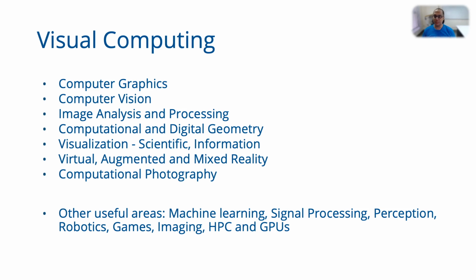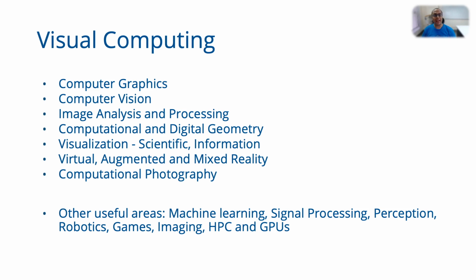We'll talk more about this in another lecture. You have computational photography. So all these areas together make up the broad domain of visual computing, and I think all of this is very interesting, and if you get a chance, you should sample all of this. They all borrow techniques from each other, so you will start seeing more and more connections between these areas as you learn more of them.